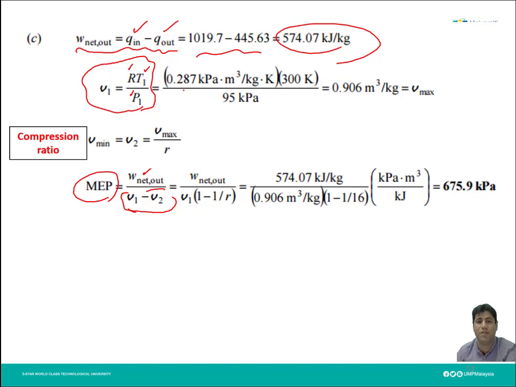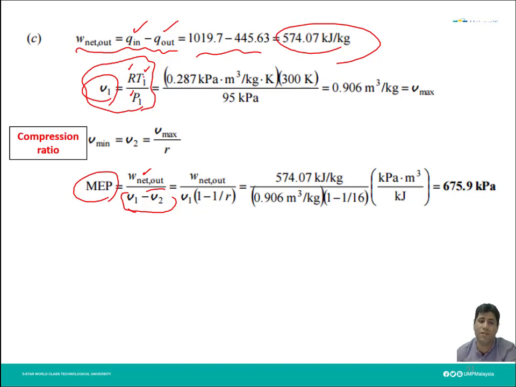So we have temperature, we have pressure, and R, as I said, is a property of the working fluid, the air here, equal to 0.287 kilopascal meter cube per kilogram Kelvin. So we have R, we have T, we have P. Then we can calculate a specific volume.